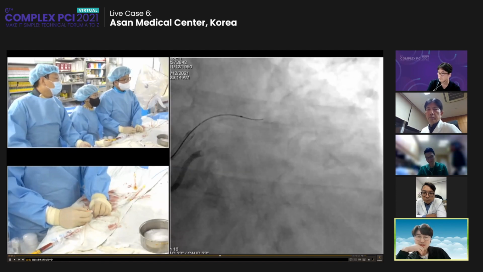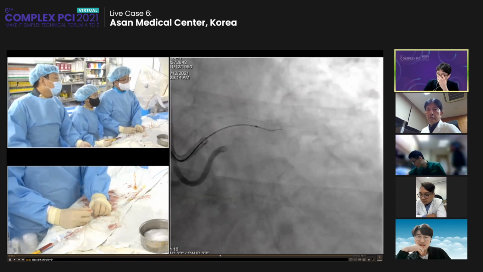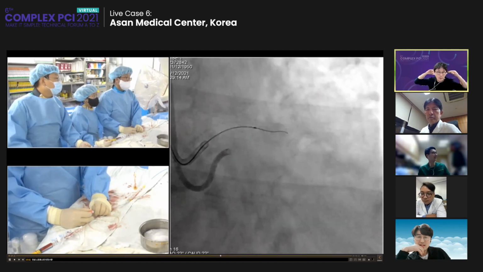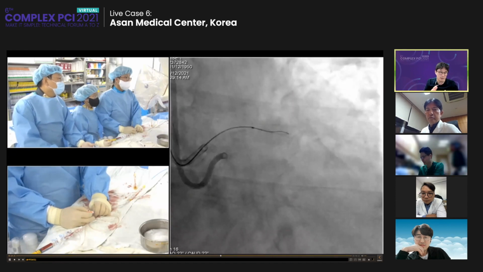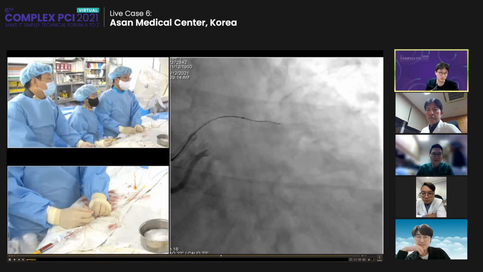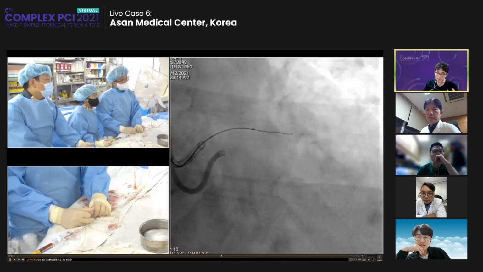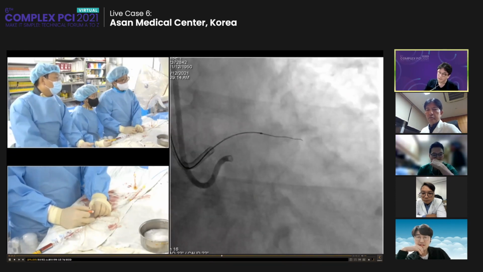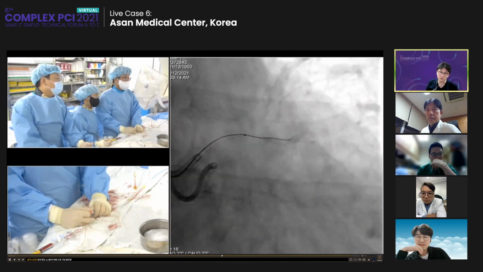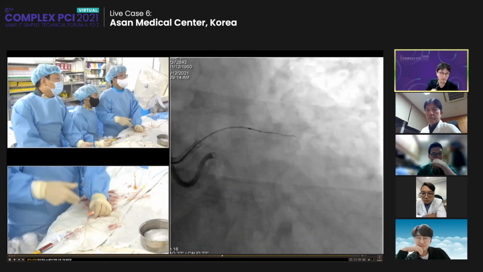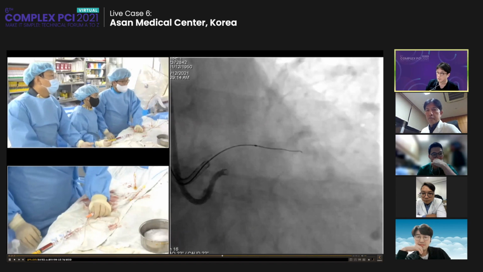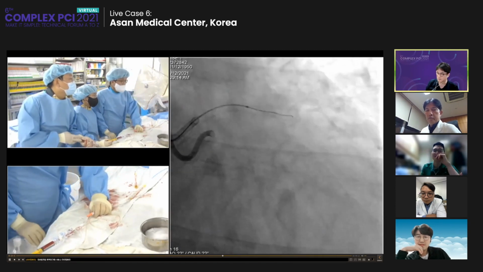So if you use the antegrade approach, the distal cap is also always a concern if there's a bifurcation. And using the retrograde approach, it is always a concern at the antegrade cap if there is a bifurcation. We always have to try to locate the wire in the mid portion, not in the eccentric portion, so as not to lose the branch.